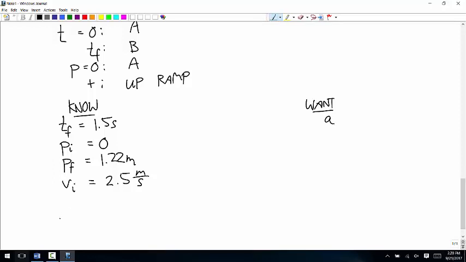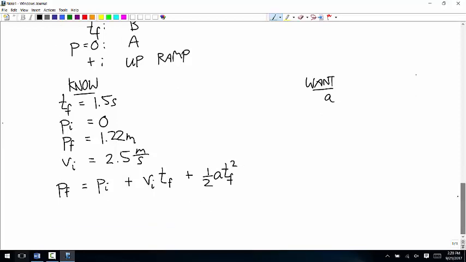So we can set it up as P final is equal to P initial plus V initial times time final plus 1/2 A times time final squared.